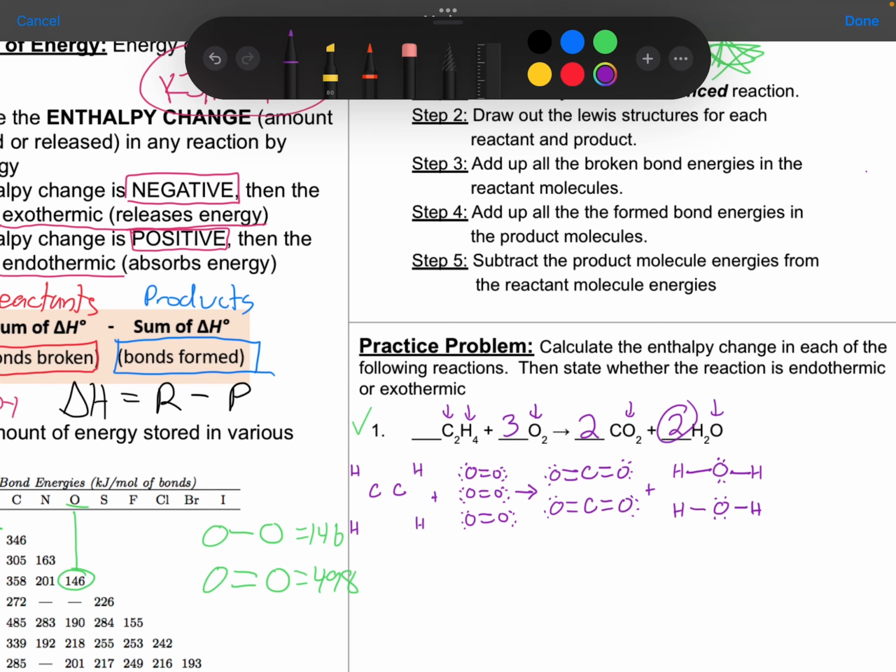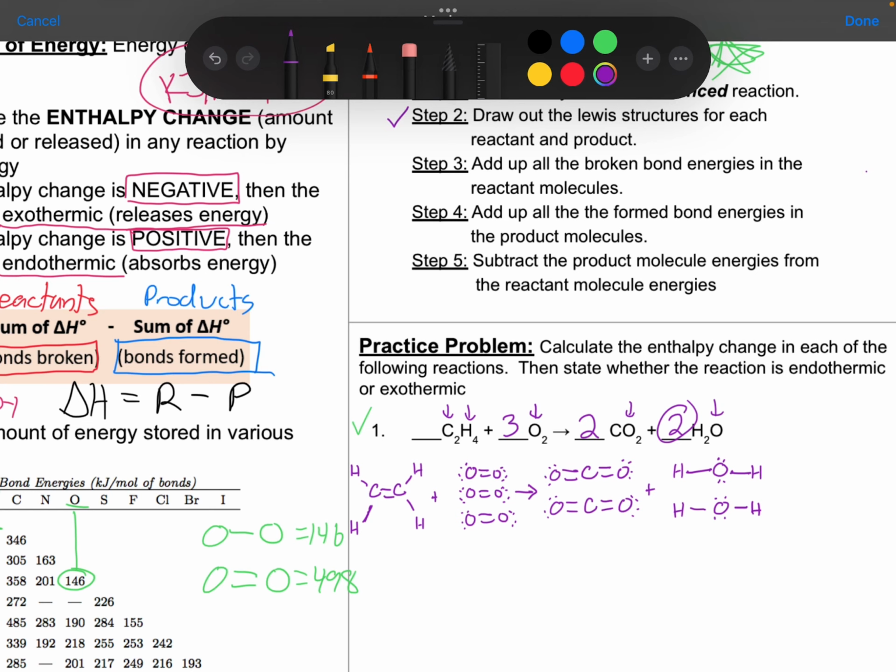All right. Now, if you remember how to draw C2H4, you might already know this, but we end up with an actual double bond in the middle and then a single bond going to each of those hydrogens. We make that a little bit longer. So we have now done step 2. We've drawn out the Lewis structures for each reactant and product.